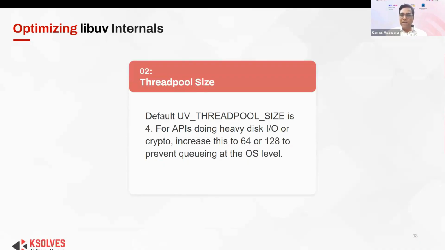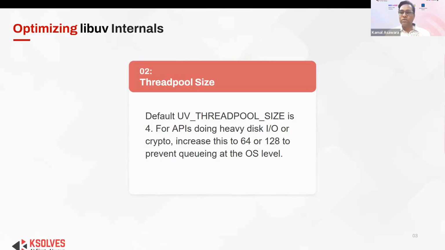Okay, libuv, let's discuss in more detail. There is an environment variable, UV_THREADPOOL_SIZE. As I mentioned, it is by default set to 4. So instead of just 1 queue, you have 4 queues. But those 4 queues are also not enough to handle 1,000 requests per second.